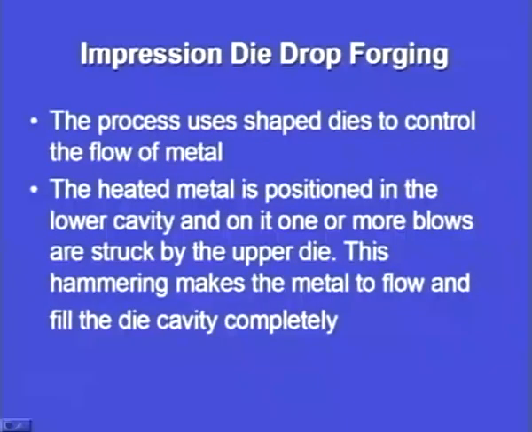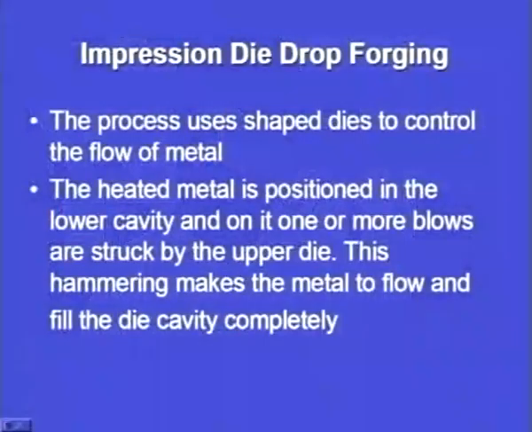In case of open die hammer forging, the flow of metal can be in any direction. Maybe the control over the flow of metal is not too much in our hands, but in case of impression die drop forging, the process uses shaped dies to control the flow of metal. So, the flow of metal is within the shape contours of the die.